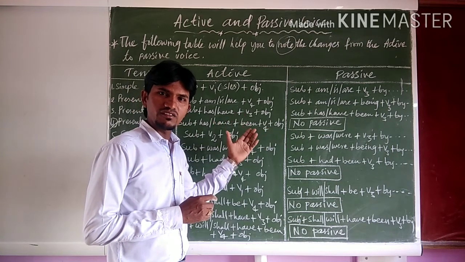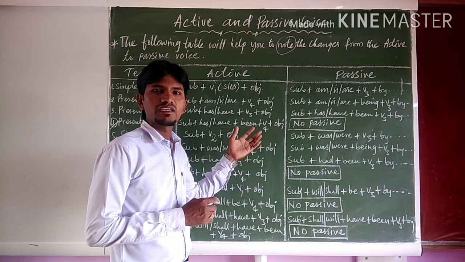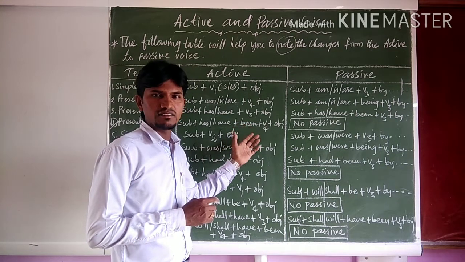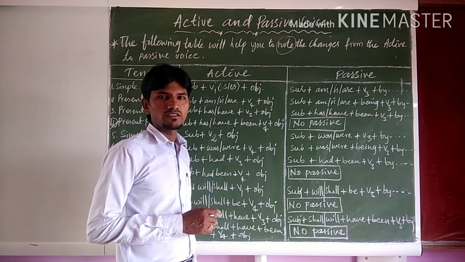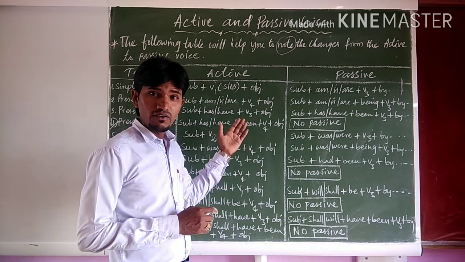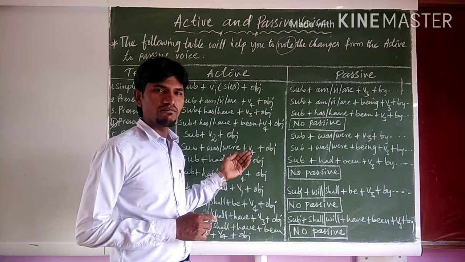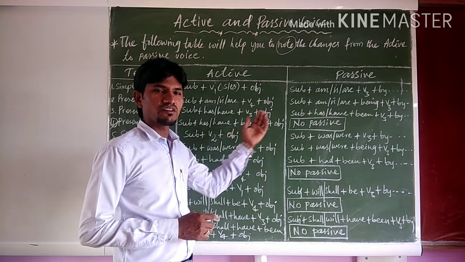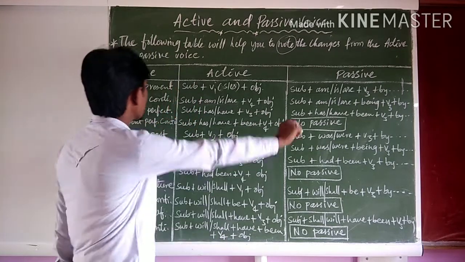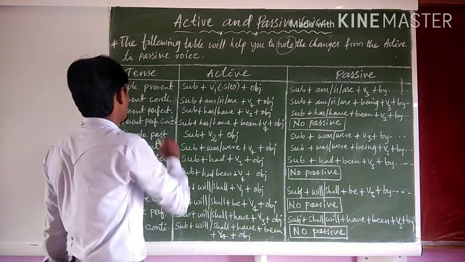Until you know the structures and keep them at the tip of your fingers, you cannot transform a sentence from active voice to passive voice. Just before, we have seen a few examples. In the same way, let us go through its structure and its passive form. It will help you transform very easily.